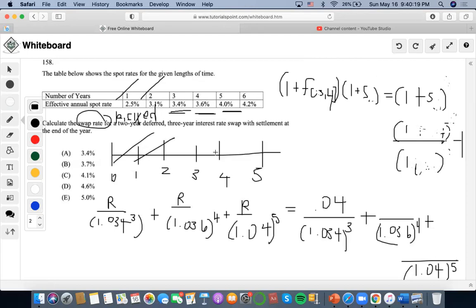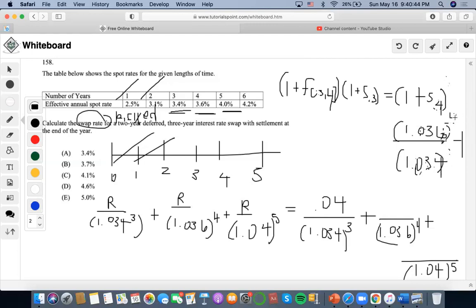Now, 3 is here, 4 as a whole thing to the equation. Now, spot rate 4 is going to be 1.036. Spot rate 3 is going to be 1.034. Now let's solve.